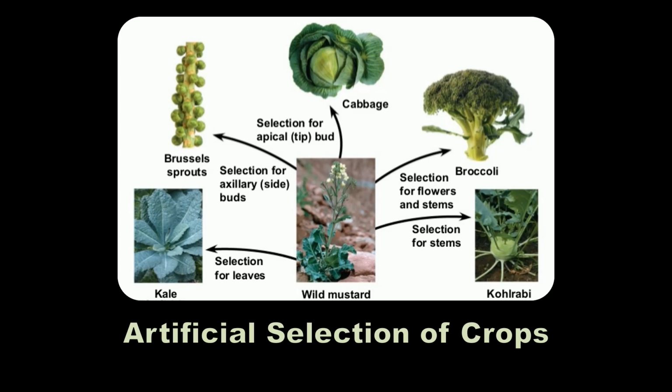This is also how natural selection works. It's just that in natural selection, the environment would favor, say, one organism that happens to have large leaves because maybe that allows more photosynthesis, or another individual who has large flowers because maybe you get better pollination services for that reason, and they would therefore be better reproducers. But in artificial selection, it's because humans are deciding which ones are going to be the better reproducers.